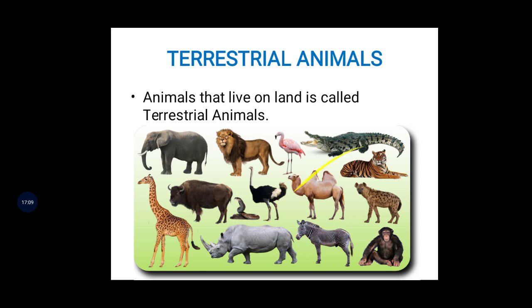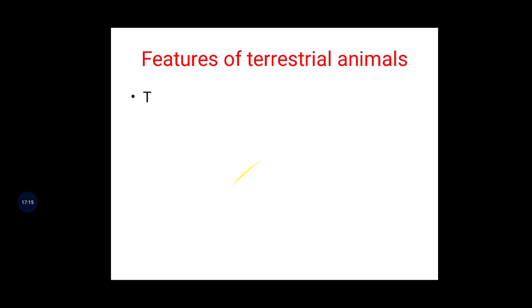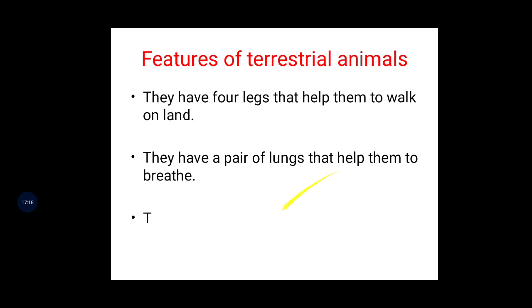Each and every animal has 4 legs, and they walk on land. Okay, so they have a pair of lungs that helps them to breathe. And they have well developed sense organs also. Okay na children?